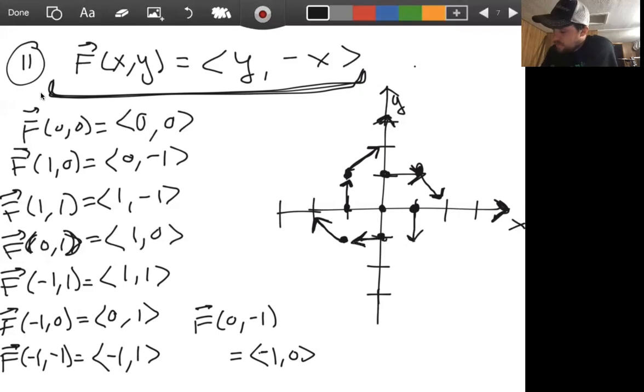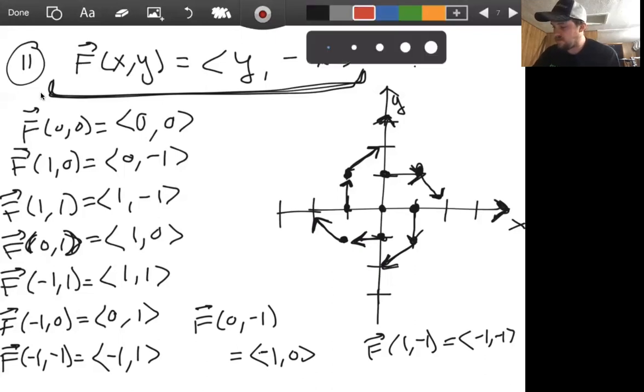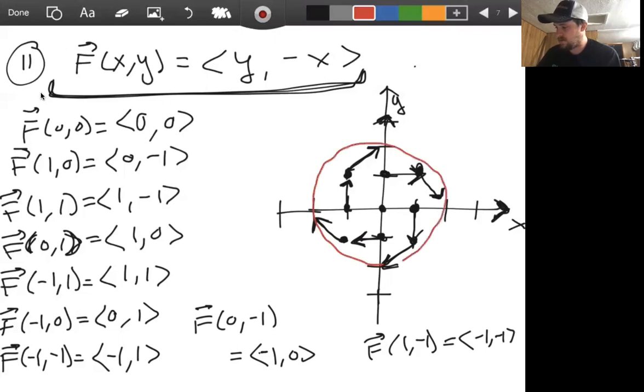And then the last point we can pick is the point 1, -1, which will give us the vector -1, -1, right? And so we're to the left 1 unit and down 1 unit. And so what you can see is if you follow the tips of these vectors, it kind of traces out a circle, right?